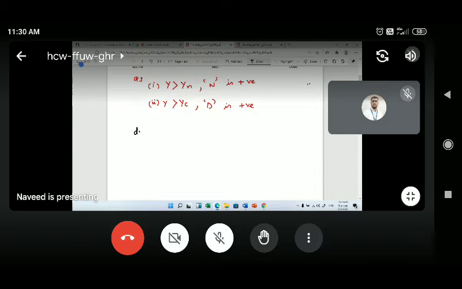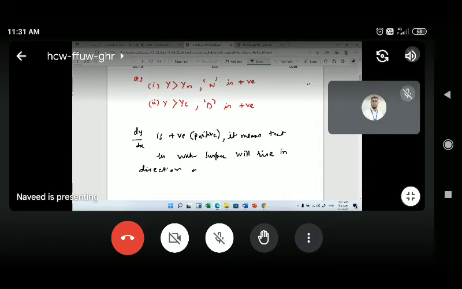So dy by dx is positive, it means that the water surface will rise in the direction of flow.